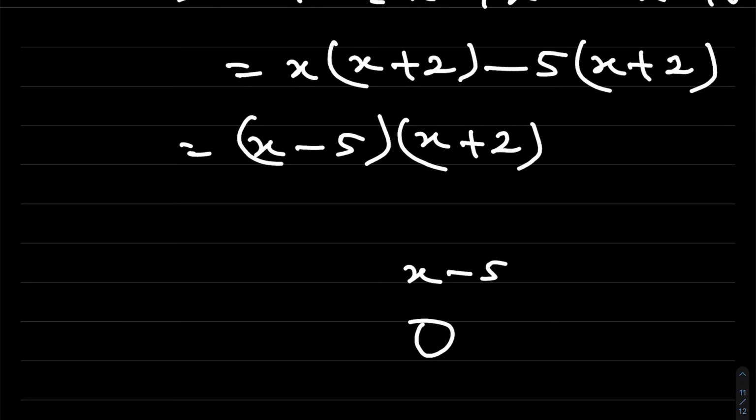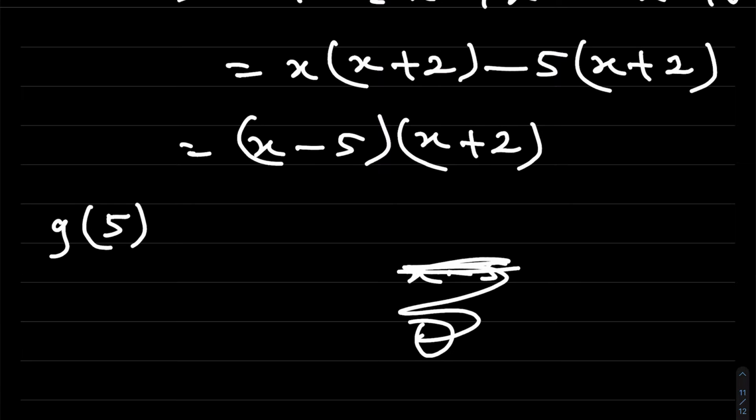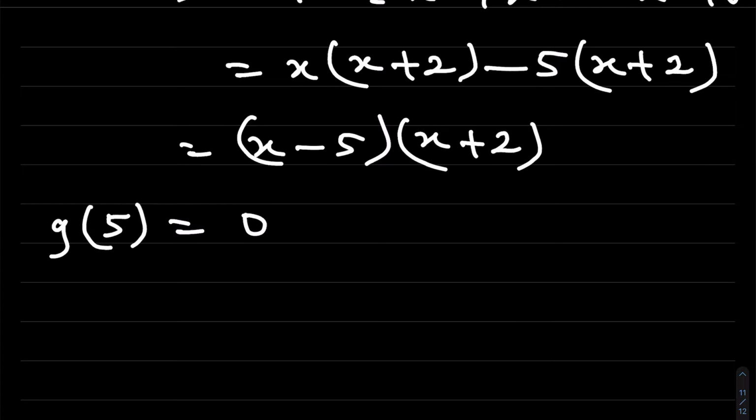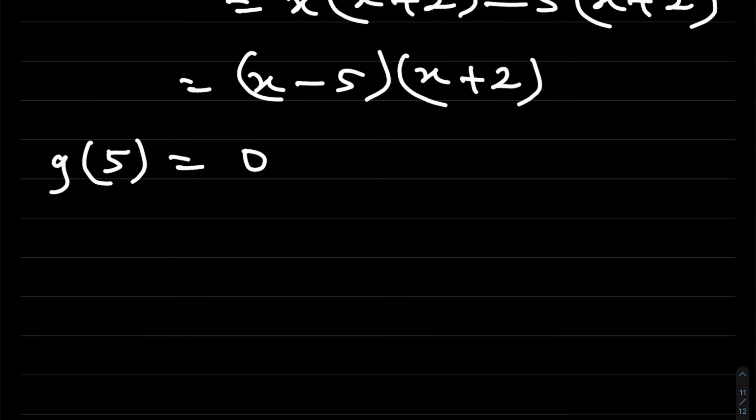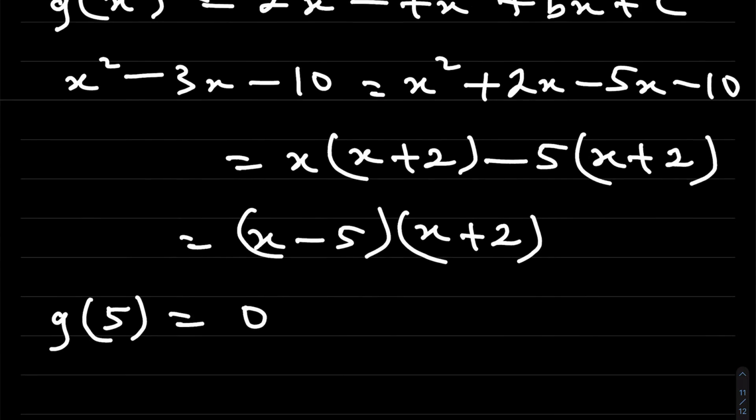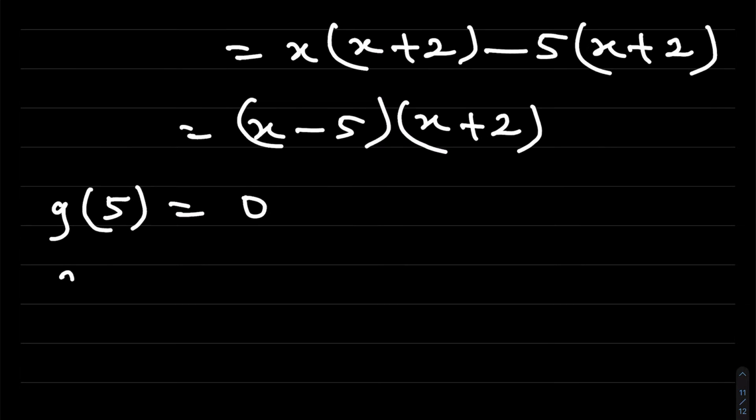And by the remainder theorem, the remainder when g of x is divided by x minus 5 is g of 5. So that simply means g of 5 equals 0. And that means we just put 5 in g of x. That simply means 2 times 5 cubed.